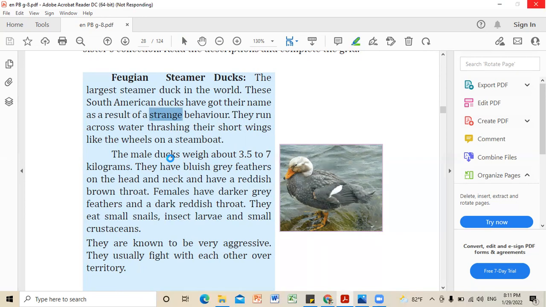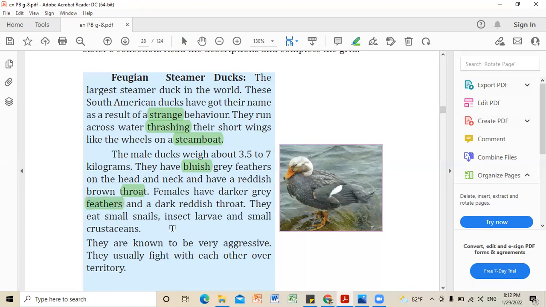The male duck weighs about 3.5 to 7 kilograms. They have bluish gray feathers on the head and neck and have a reddish brown throat. Females have darker gray feathers and a dark reddish throat.